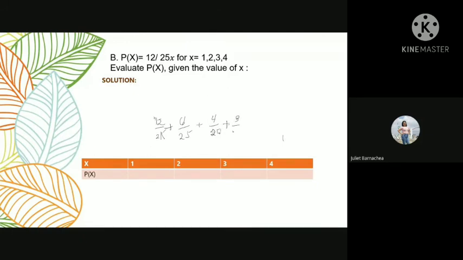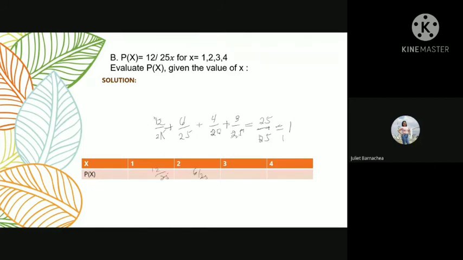Plus 3 over 25. So therefore, ang magiging sagot ay 25 over 25 equals 1.